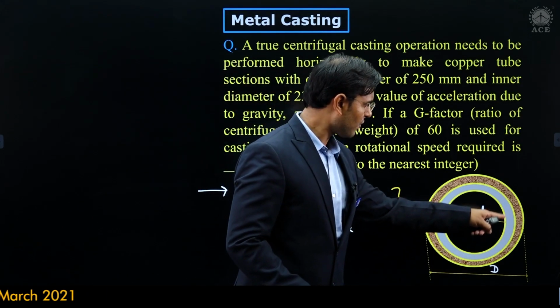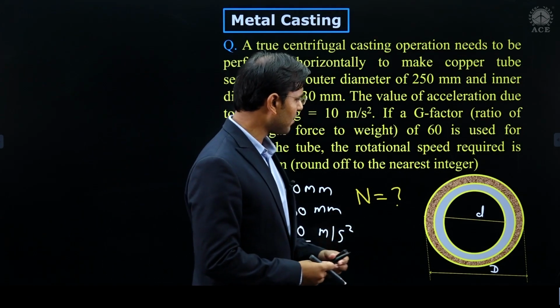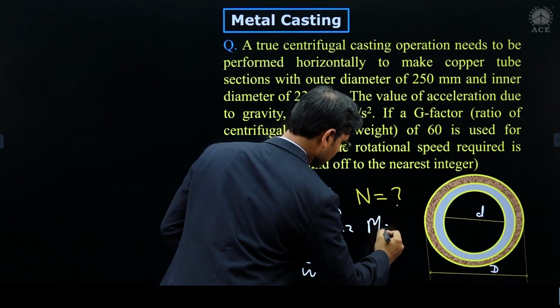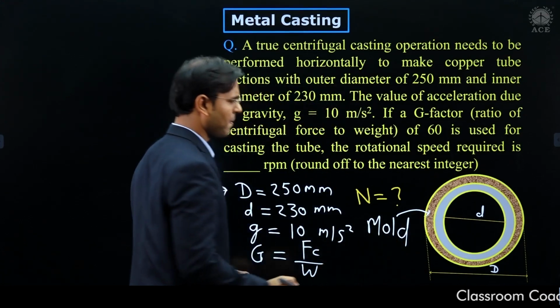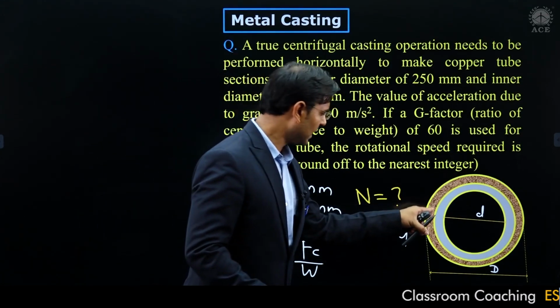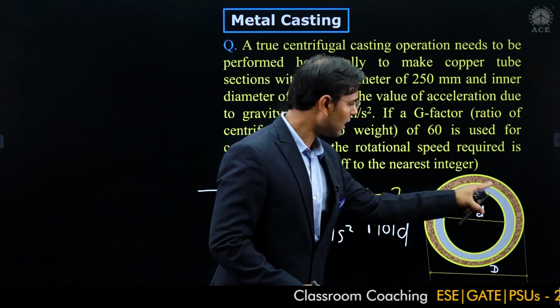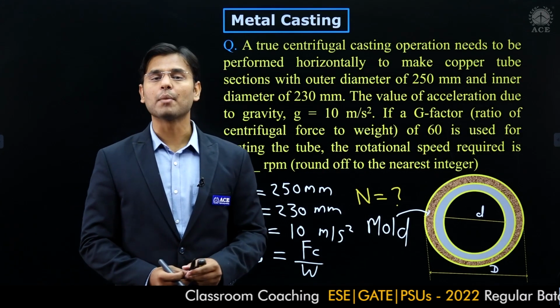Outer diameter of copper tube, or also I can say that inner diameter of mold. Just see, this is the mold. Then capital D is inner diameter of mold or it is outer diameter of tube. And now we have to take capital R.